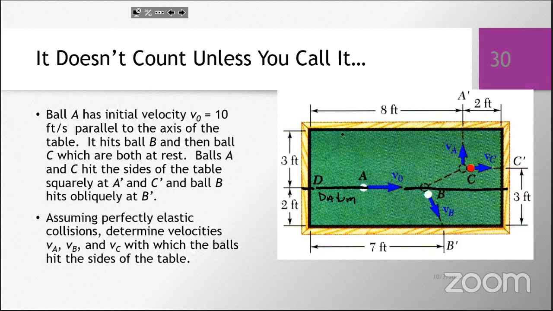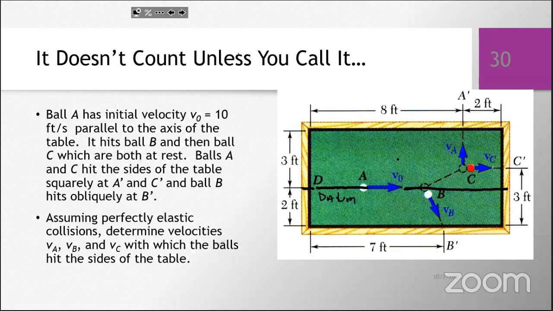What about particle B? Same deal. It's going to be pointing down at an angle, it's going to cause a clockwise rotation. Particle C, same deal. Particle A at the end, though, that's going to be positive. It's going to cause a counterclockwise rotation.